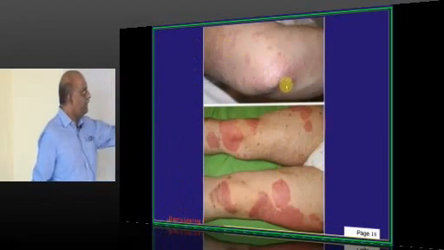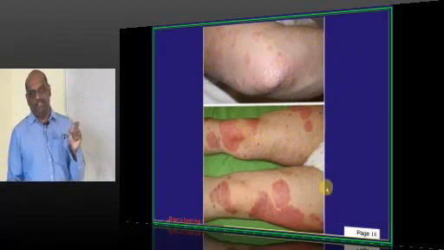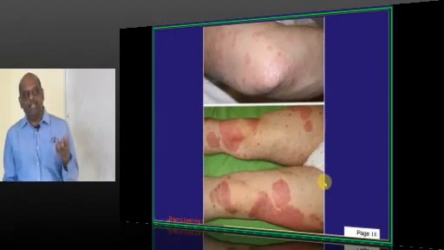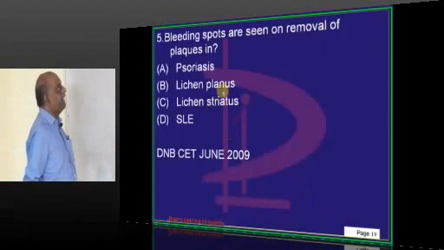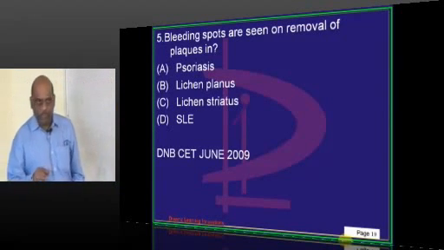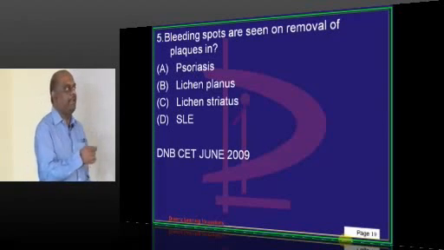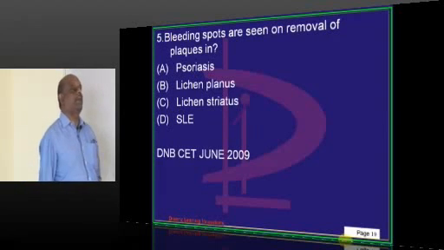One more example of extensor surface developing those shiny lesions of the scales of psoriasis is what you can classically see here. Now you have a plaque. If you happen to remove the plaque, there are bleeding spots underneath that plaque.